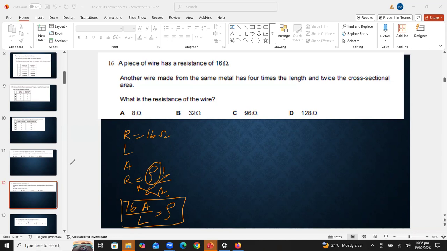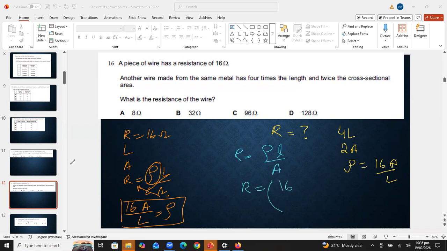Okay? Now if I'm talking about the new wire whose resistance we have to find, its length is 4 times, area is twice, and resistivity will be the same. So we can write the resistivity as 16A upon L. Now students, I will use the formula again, R equals rho L upon A. Instead of rho, I will write 16A upon L, and length is 4 times, area is 2 times.